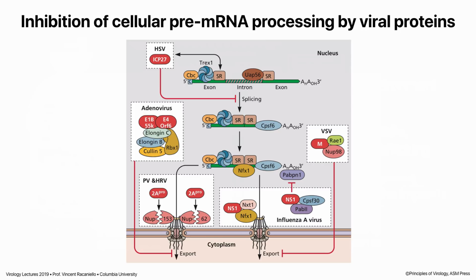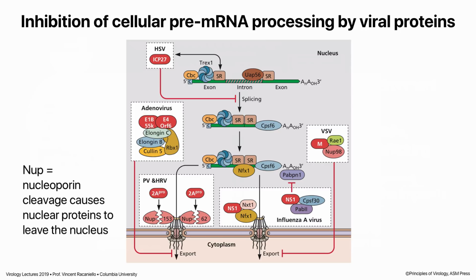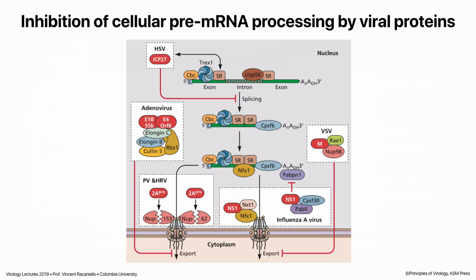And then there's a whole host of viral proteins that are interfering with export of these mRNAs from the nucleus. We have here on the lower left, polio and rhinoviruses. They have proteases encoded in their genomes that cleave NUPs. VSV also encodes proteins that interfere with export, as well as influenza virus and adenovirus.